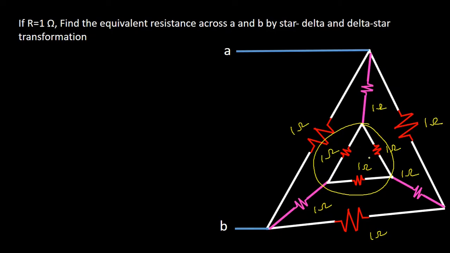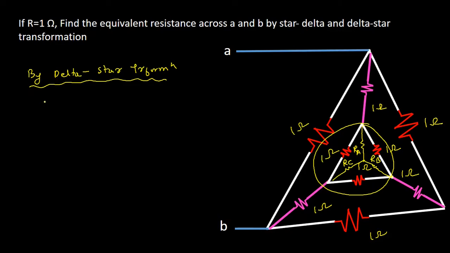For this we draw one star connected network inside this delta connected network like this. Now let this be resistance RA, let this be resistance RB and let this be resistance RC. Now we have to find out RA, RB, RC by using the delta to star transformation. So first we will find out RA.